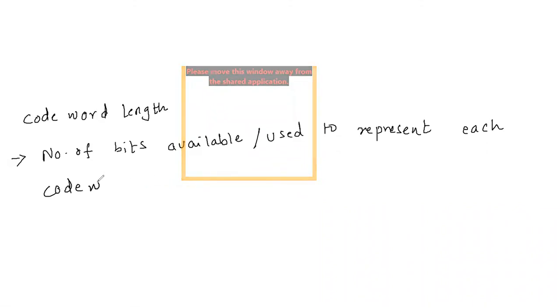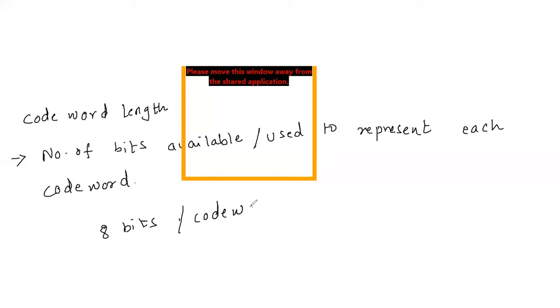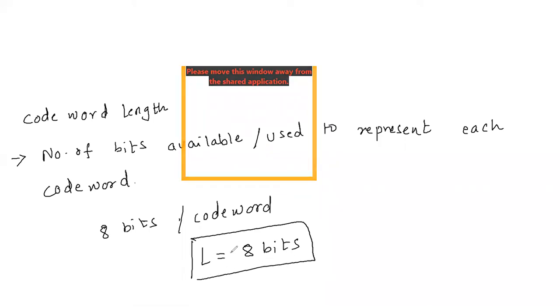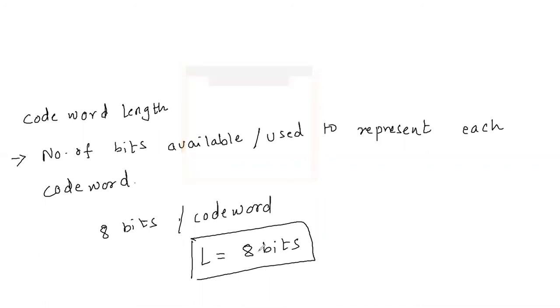The definitions are very similar. As an example, if 8 bits are assigned to each code word, then the code word length will be 8 bits. Getting the meaning of this? If 8 bits are assigned per code word, then we say that the length of the code word is 8 bits. Simple as that. This is the next parameter about the code word, and all these things are related to the source encoder.